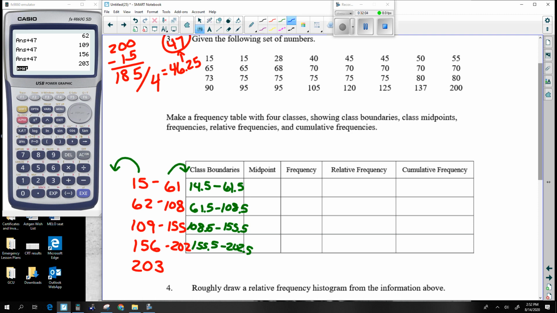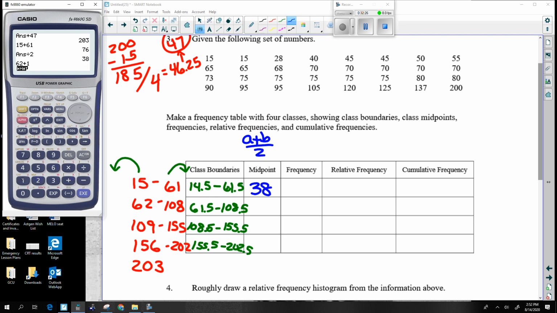The midpoint. Again, the midpoint is you add the two numbers and you divide by 2. So for instance, 15 and 61 is 38. You can absolutely have this number be a 0.5 number. Sometimes the middle is a 0.5, which is fine. You're not doing anything wrong.